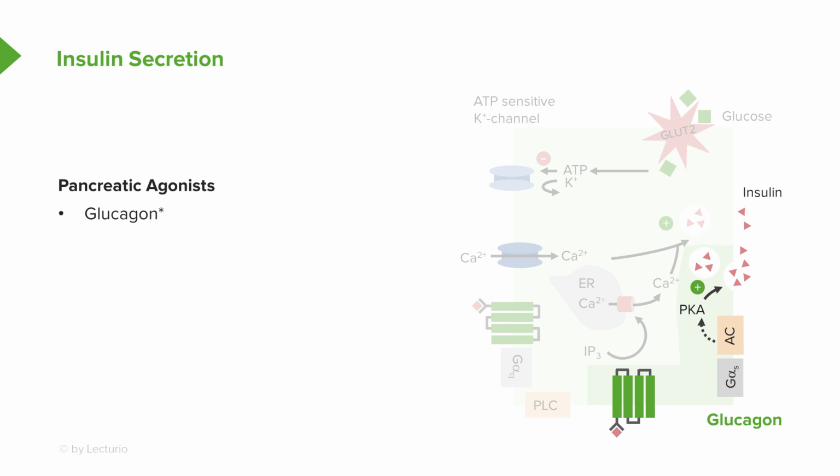But as glucagon is released, eventually it's at high enough levels that it will stimulate insulin secretion. This is probably a negative feedback mechanism so that you can predict when blood glucose levels are going to be high, and then you'll want to drive them in. So glucagon is considered a pancreatic agonist.